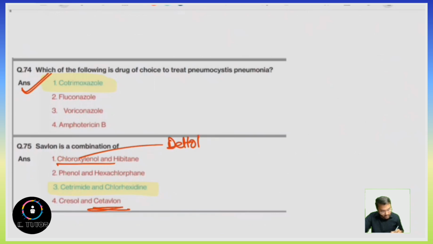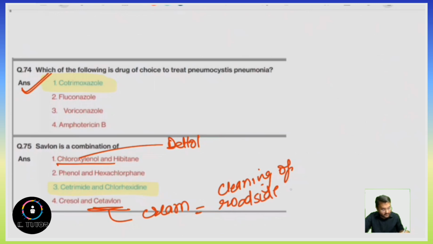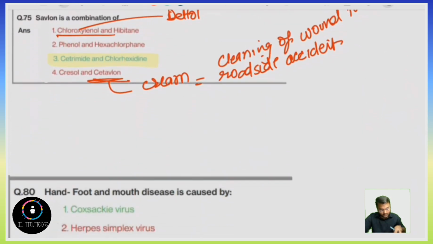And Cetavlon cream is used for cleaning of wounds in roadside accidents. So chloroxylenol is used in Dettol, cetrimide and chlorhexidine are used in Savlon. Answer will be option number C.